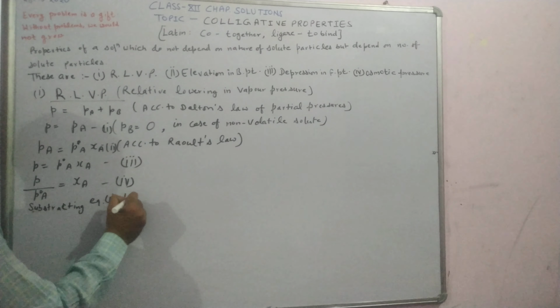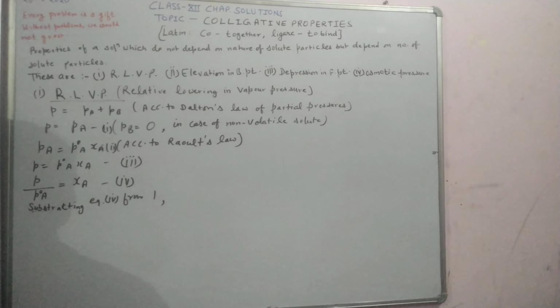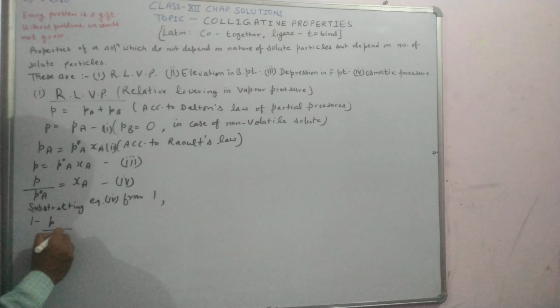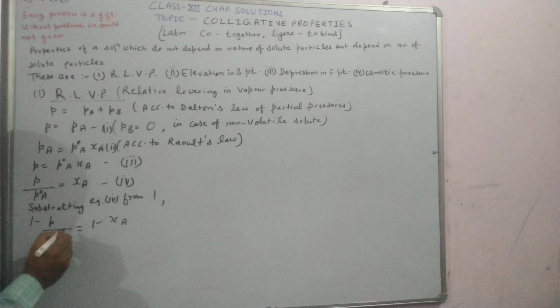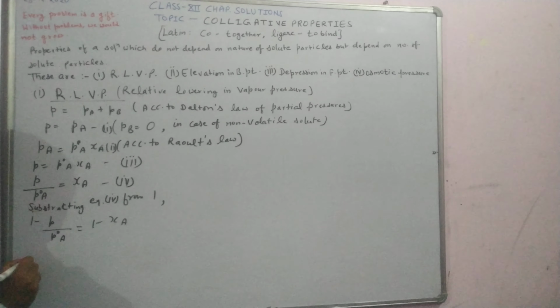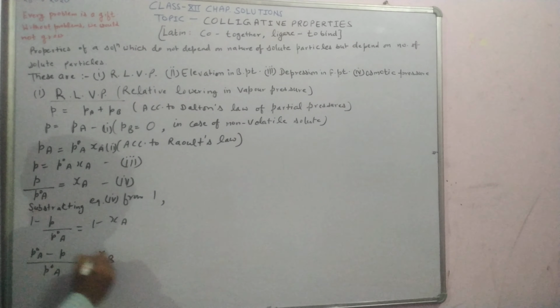Subtract equation 4 from 1. Then we will get 1 minus P divided by P naught A is equal to 1 minus XA, and by simplifying it we will have P naught A minus P divided by P naught A is equal to XB.